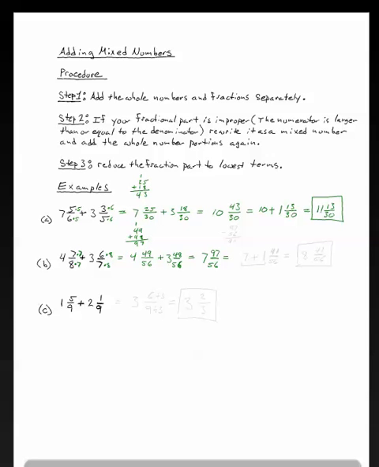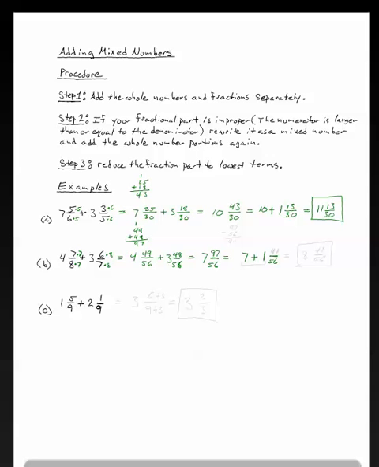97 over 56 is improper, so we want to rewrite it as a mixed number. So we want to know how many times 56 will go into 97. And it looks like it'll only go in once. So we're going to get 7 plus 1 and something over 56. But we need to figure out what the remainder would be when we divide 97 by 56.